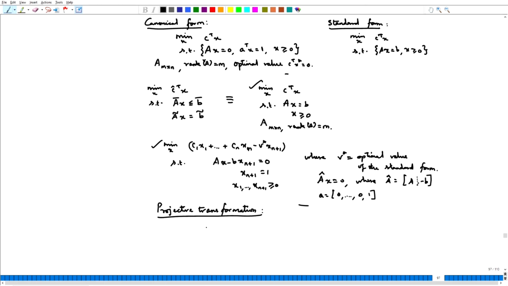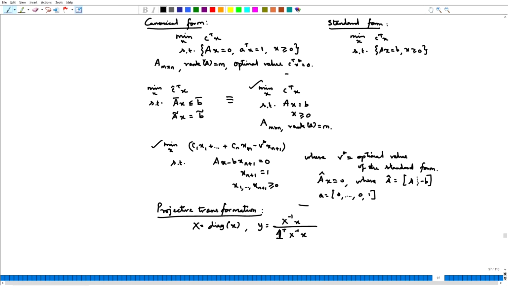Okay. So, assume that the transformation is given by the following equation. Capital X is the diagonal of x, right, and y is given by X inverse x by 1 transpose X inverse x.